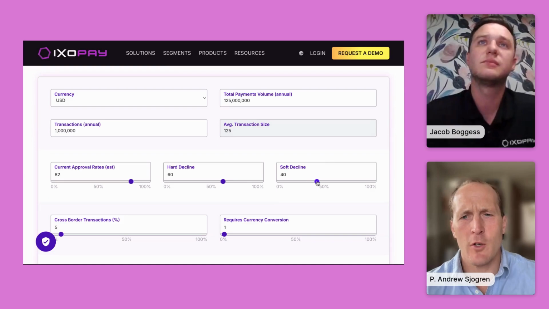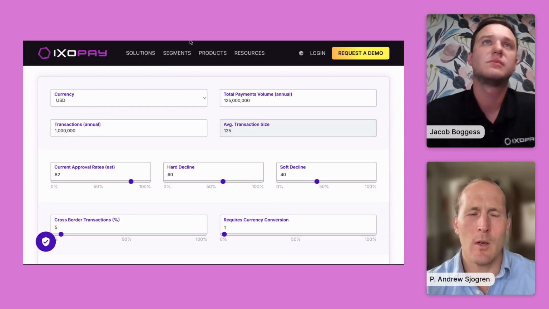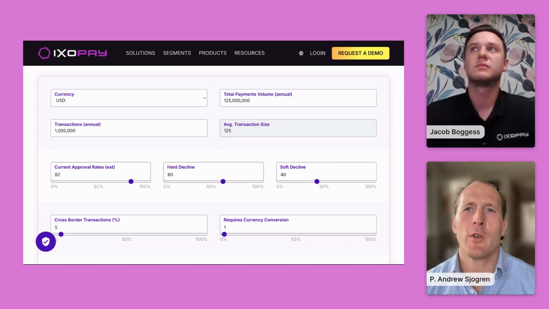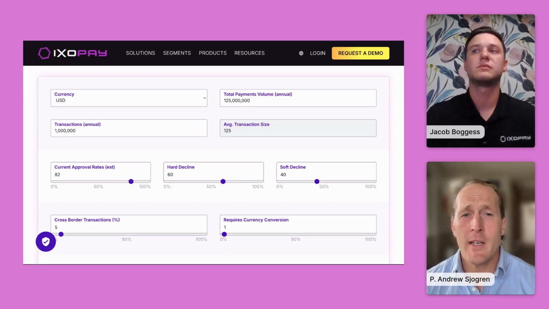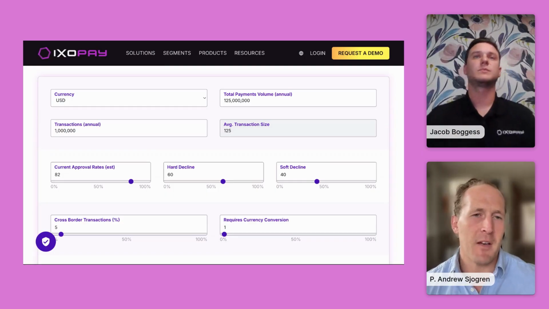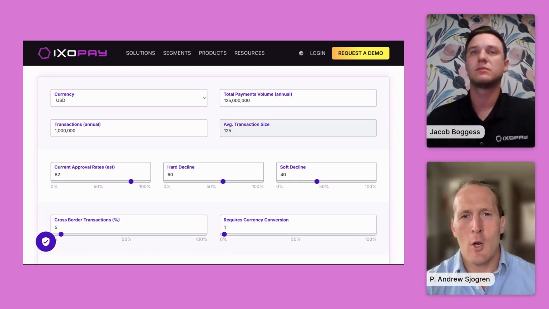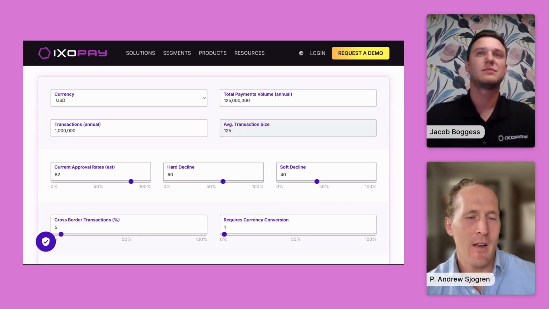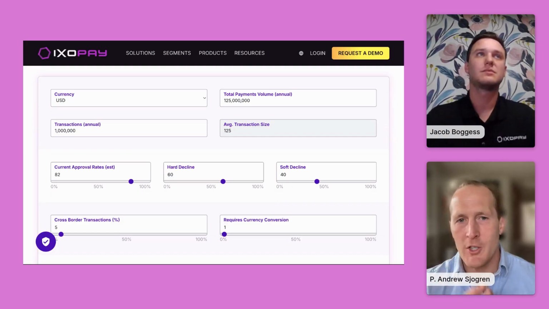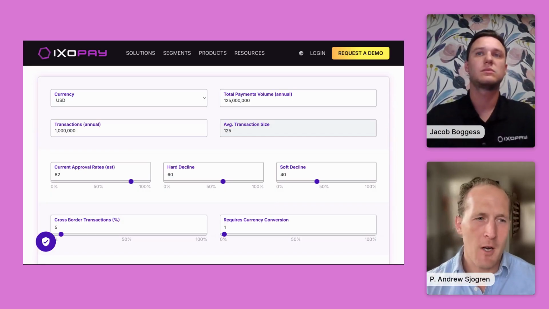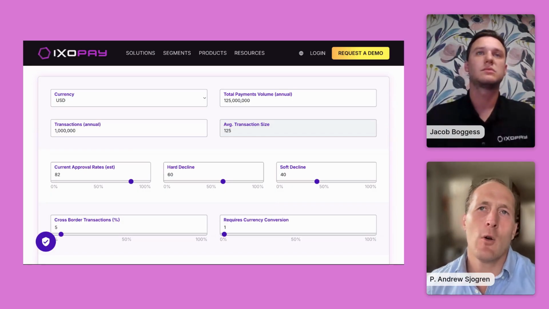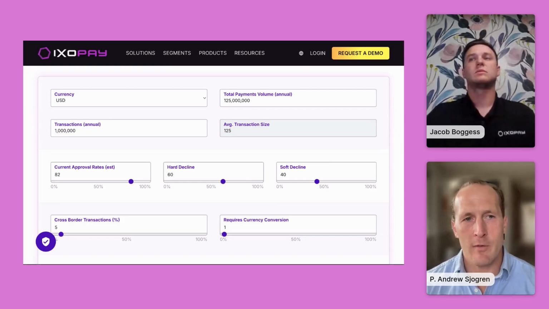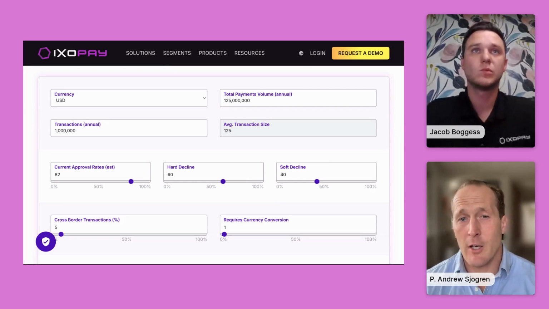Yeah, and we'll give just a quick assessment. So hard declines are going to be a door that no matter how many times you knock on it, it's never going to open. That is a closed account at the end, or that card number that you're using is just not correct and is always going to be declined, as opposed to a soft decline, which is going to be really any decline code that could be retried, where the underlying card account is actually open.